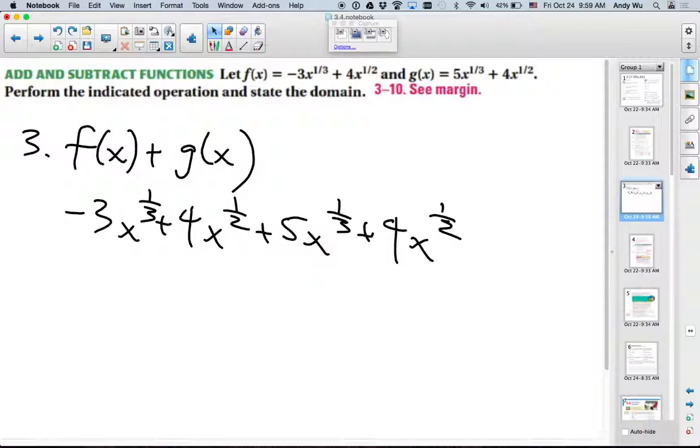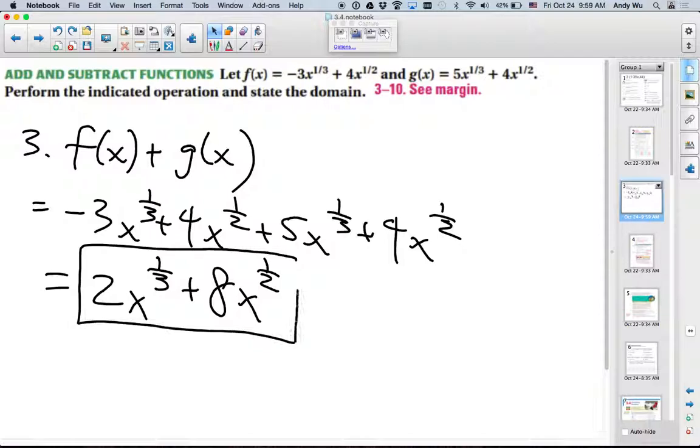We combine like terms. So this gives us 2 x to the 1/3 plus 8 x to the 1/2. Okay, is that the right answer?